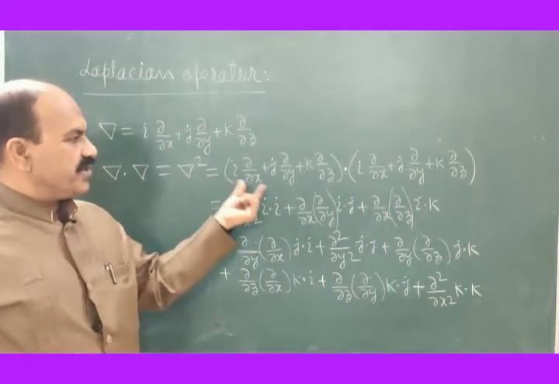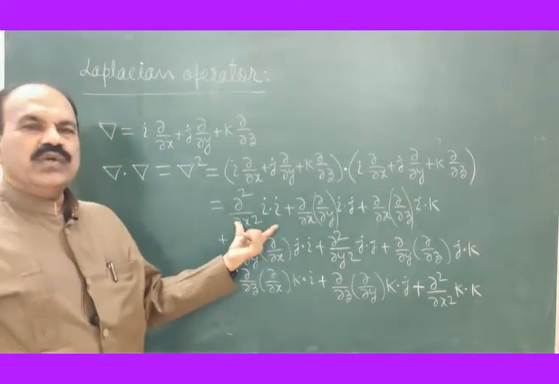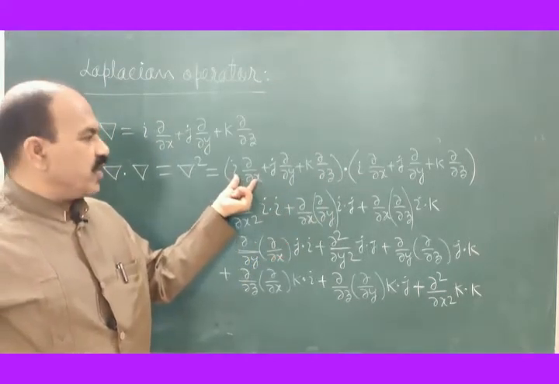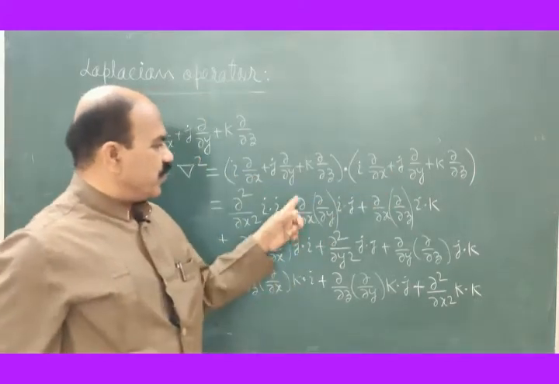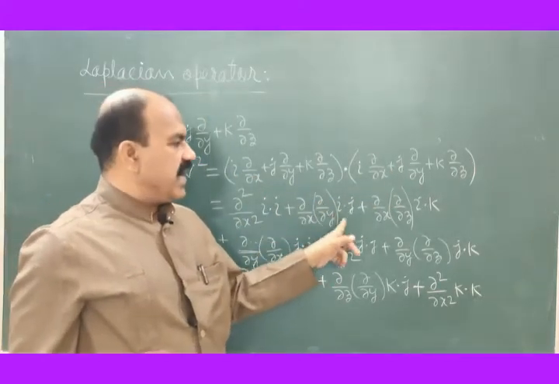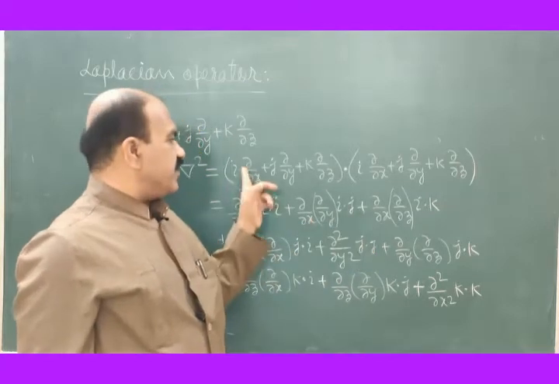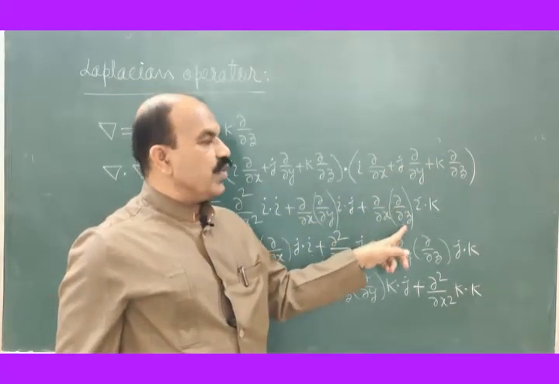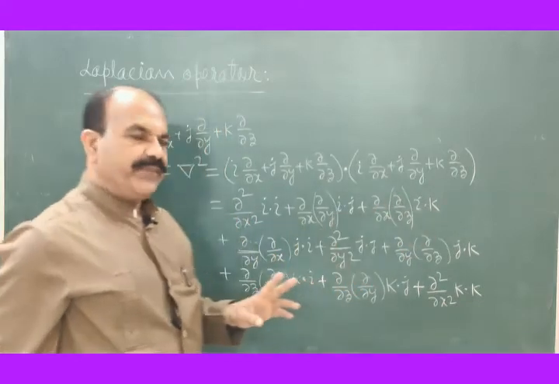Dot product of this with this is dou 2 by dou x square i dot i plus dot product of this with this is dou by dou x of dou by dou y i dot j plus this with the last term is dou by dou x of dou by dou z i dot k.